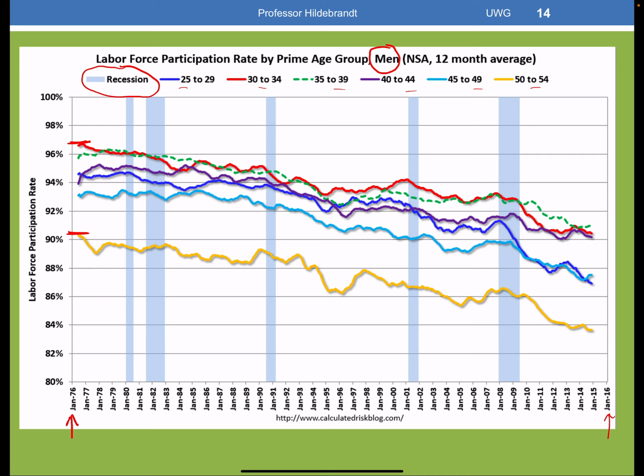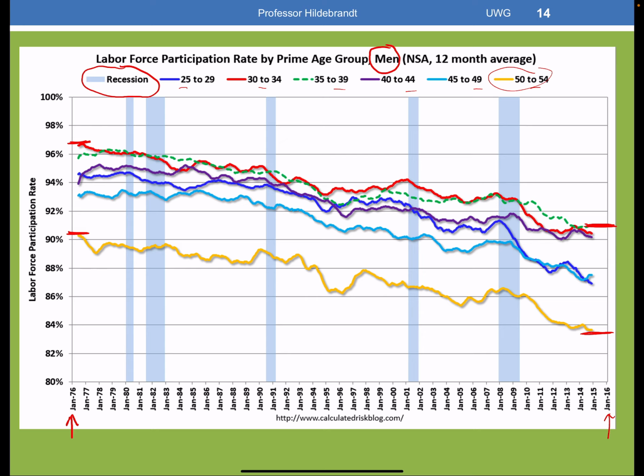Now, when we get closer to 2016, the range of participation drops down to about 83.5% up to about 93%, again varying by age group. It shouldn't surprise anyone that the older age group has the lower participation throughout all of the decades, okay?